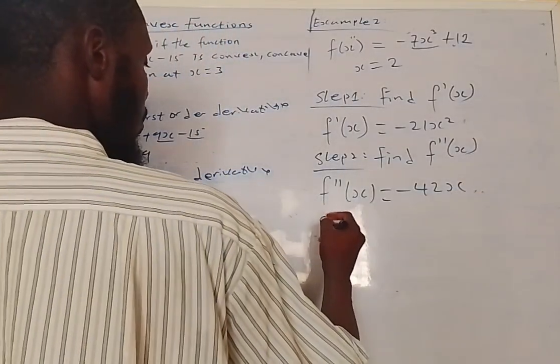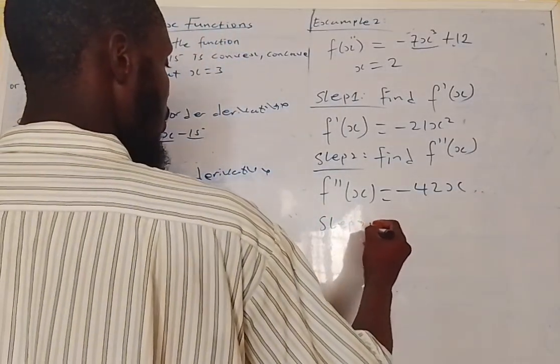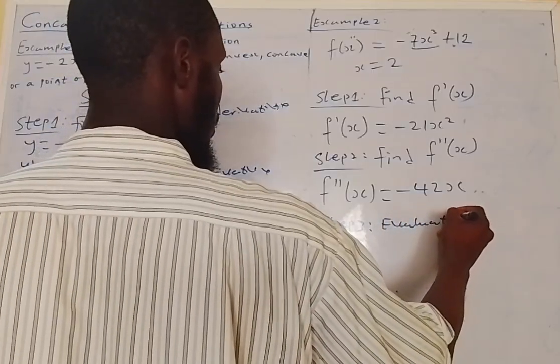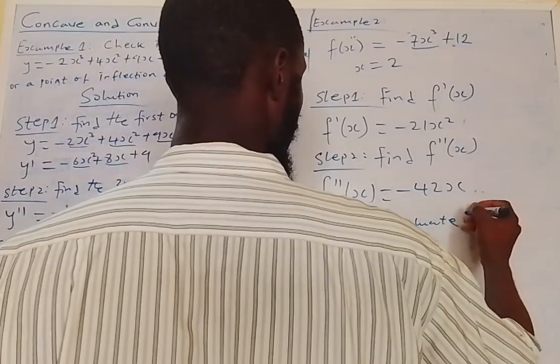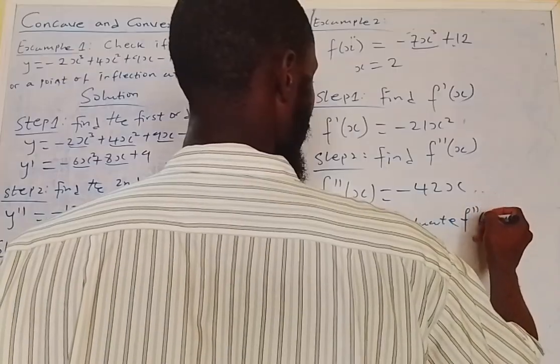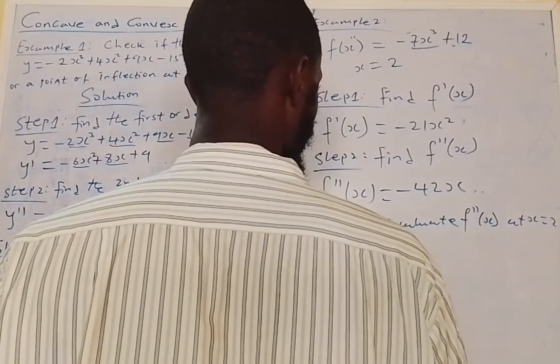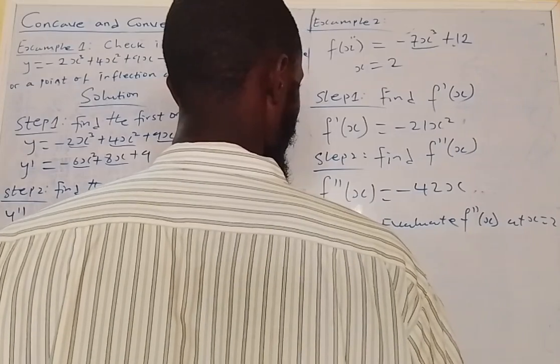The last step, step 3, we have to evaluate f prime prime of x at x equals 2. In other words, we have to find f prime prime of 2.